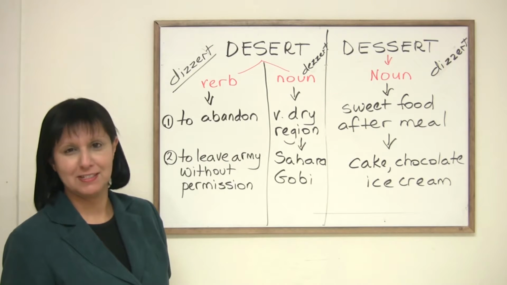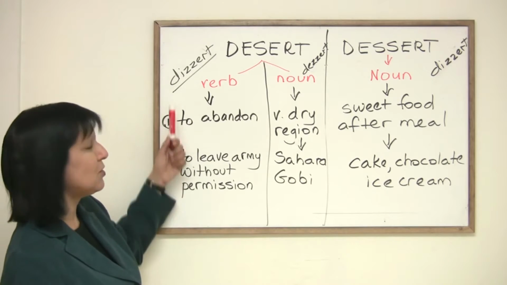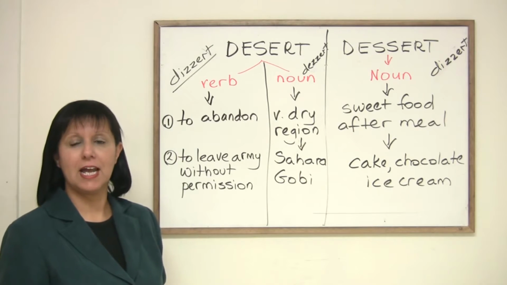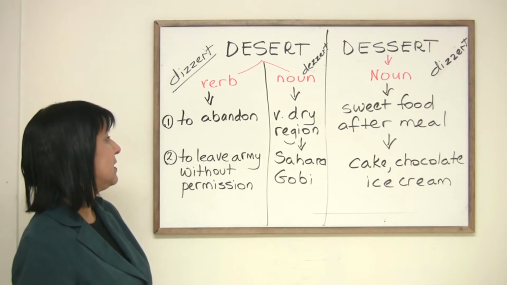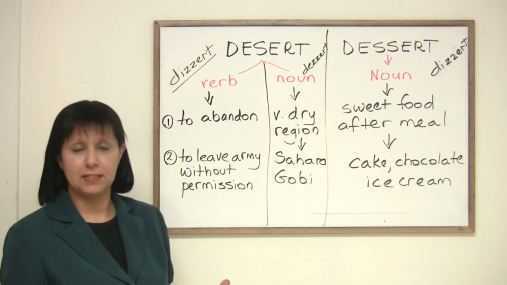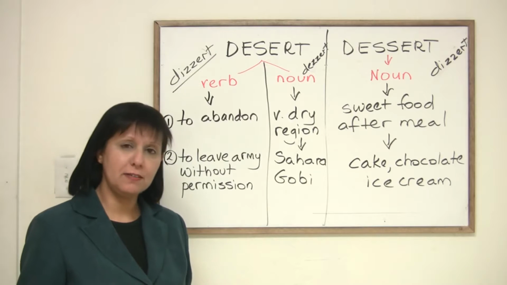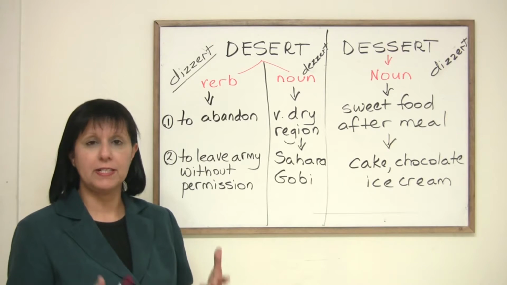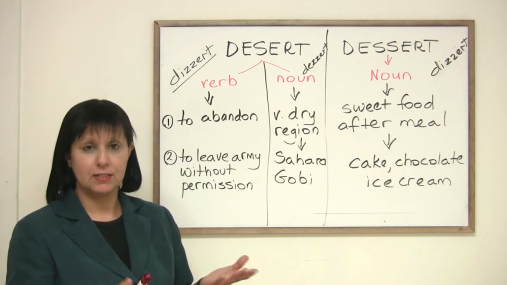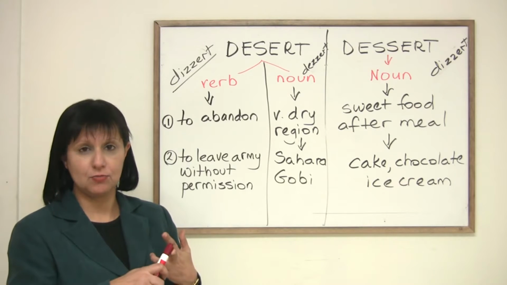However, they are completely different, all right? So when we're talking about desert as a verb, all right, it means to abandon. To abandon means to leave without any plan or intention to come back to a person or a place, right?